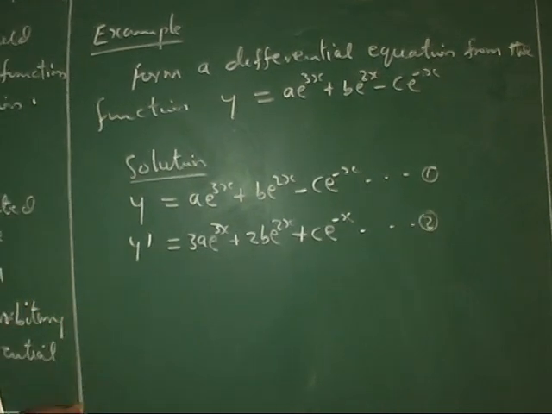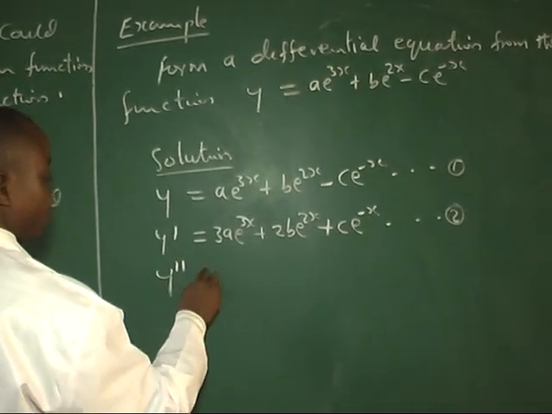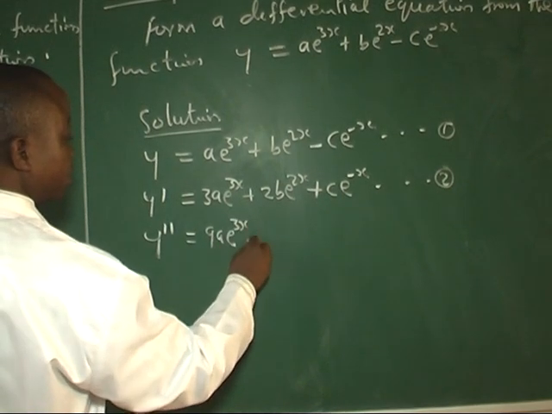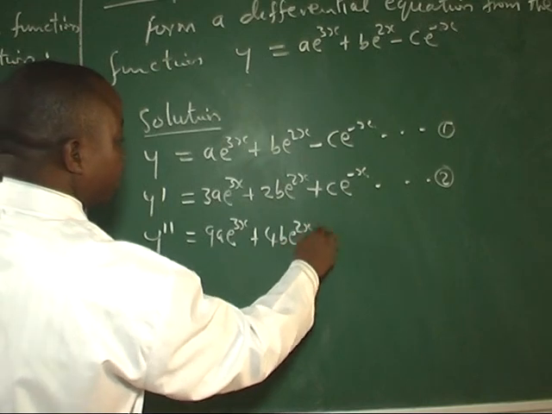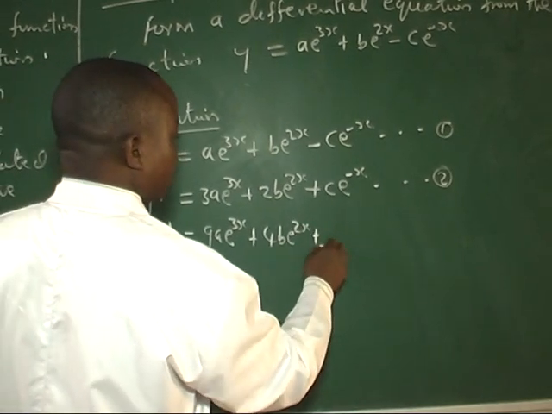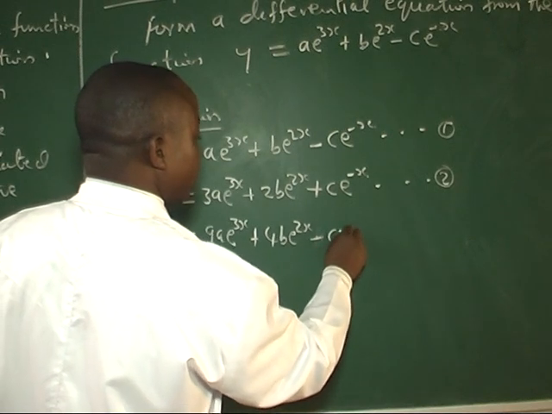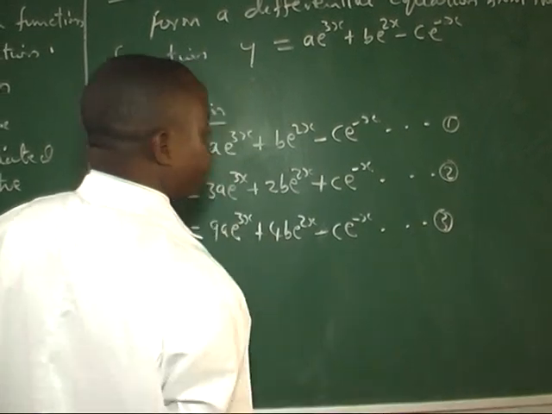So we'll differentiate it again. We'll have y double prime will be 9a e^(3x) + 4b e^(2x) - c e^(-x). So we have equation 3.